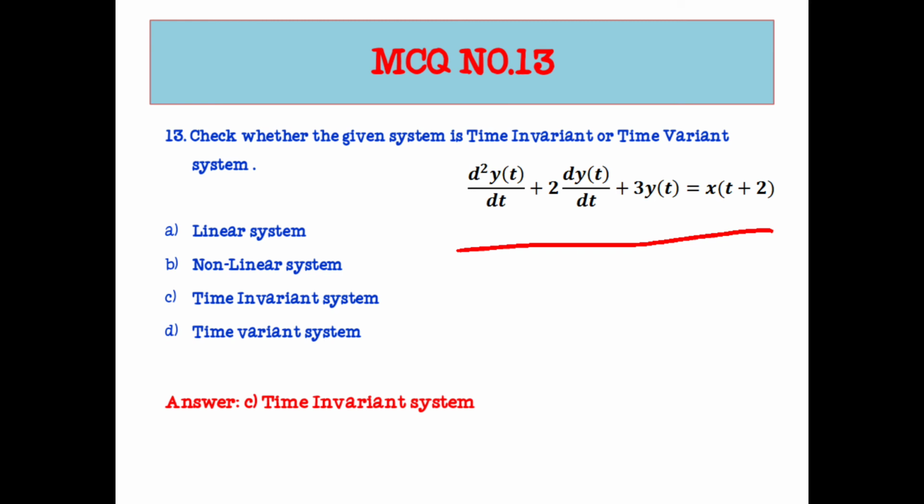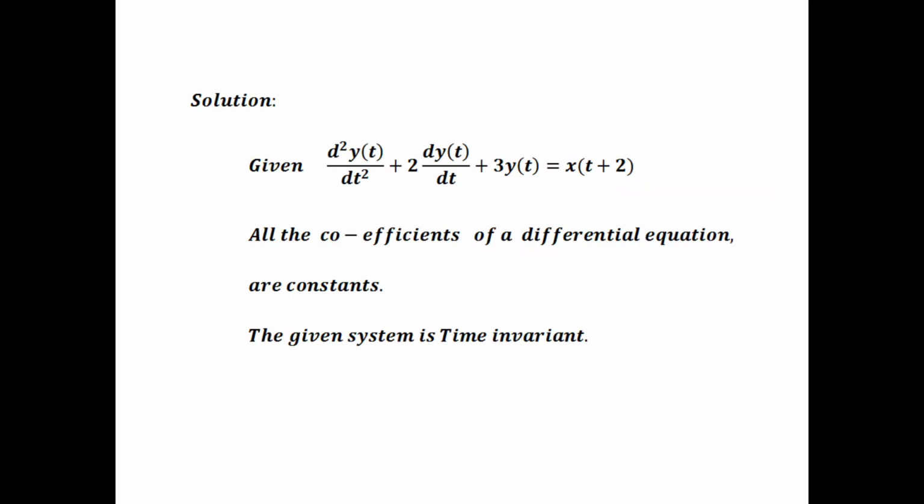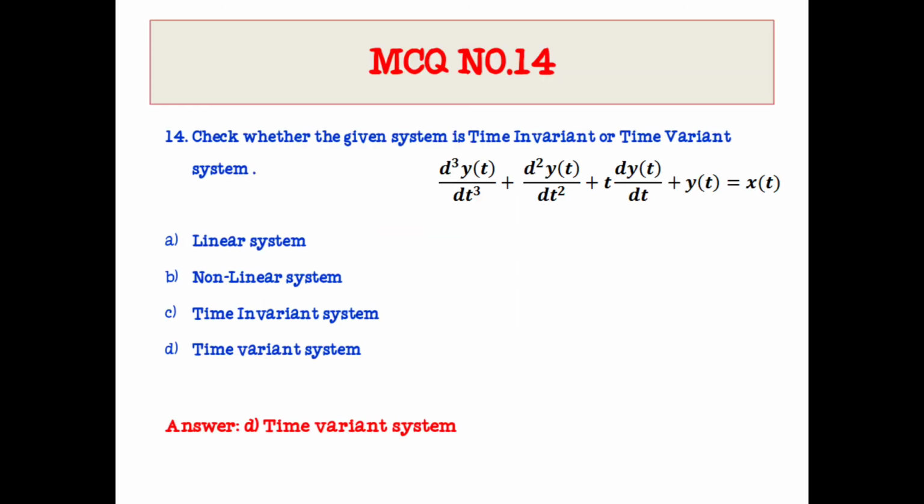If one of the coefficients is a function of time, for example the variable t is available as one of the coefficients, that system will be a time variant system. Let us check the coefficients for this problem. All the coefficients of the differential equation are constant: 1, 2, 3, 1.